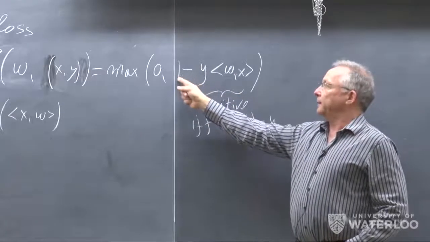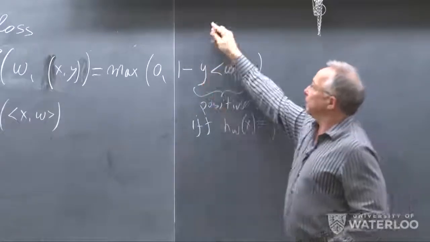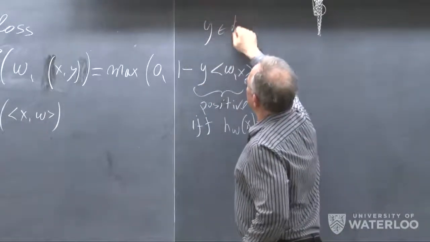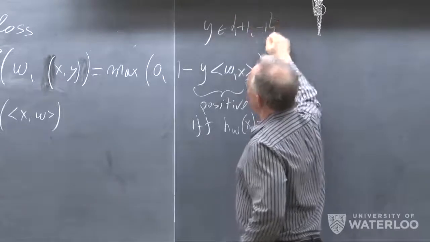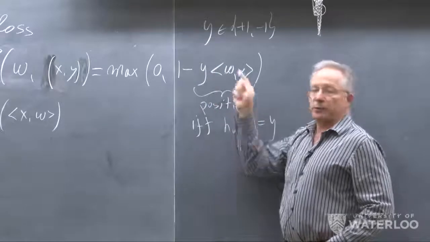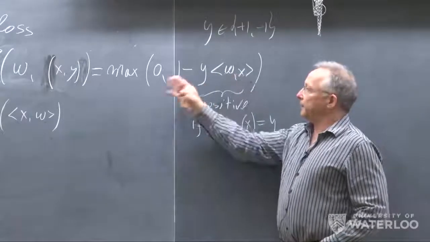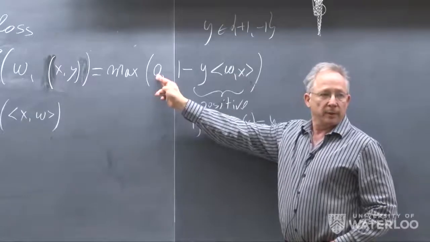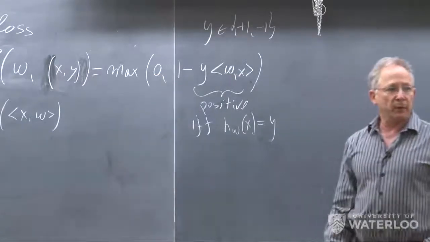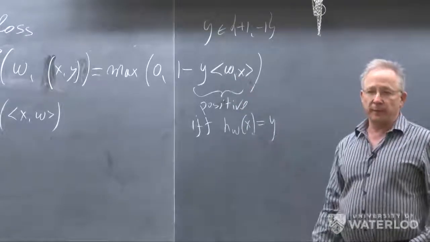And if I subtract from 1 something which is more than 1, y is either plus 1 or minus 1, then this becomes negative and the maximum becomes just 0. So the loss becomes 0 once the label is correct and this dot product is more than 1.